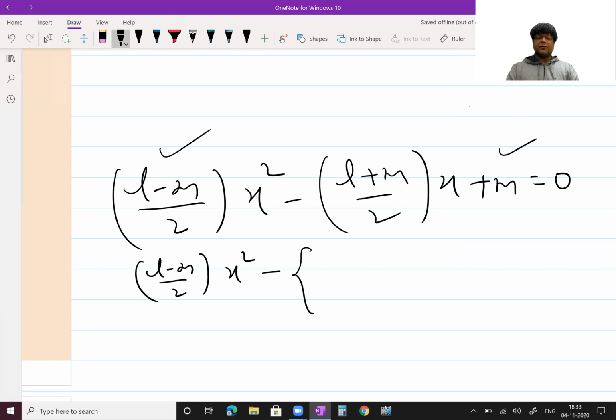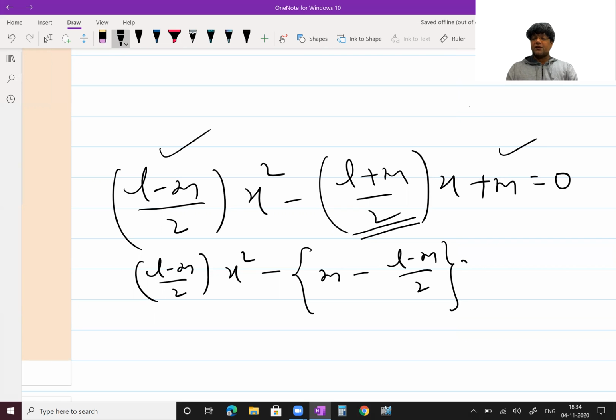You will have to use a little thinking power. You know what? If I do M minus, it will be 2M minus. Yes, it's coming. Guys, I will write here M minus (L minus M) by 2 in place of this.